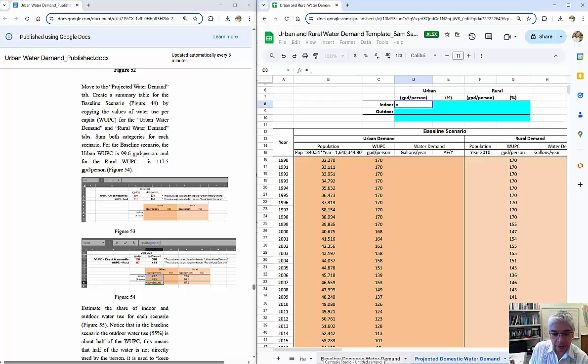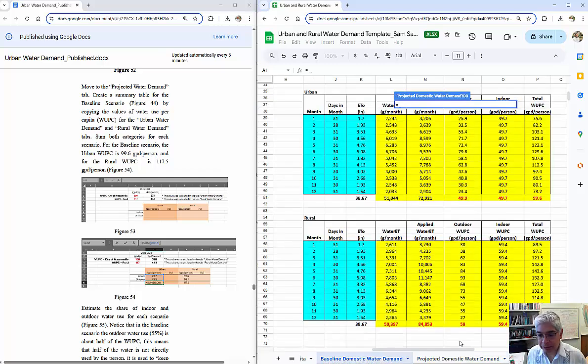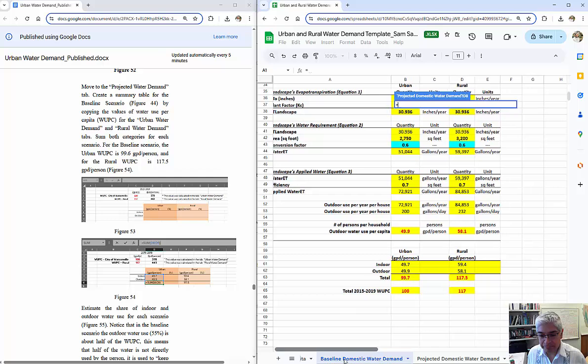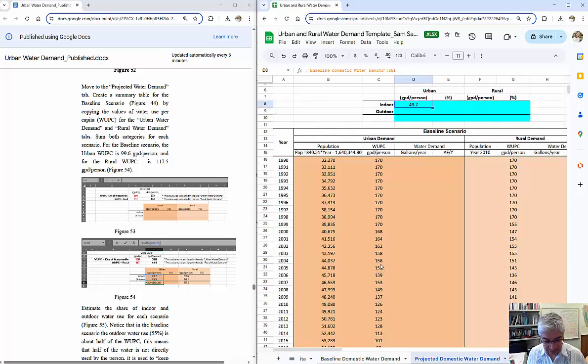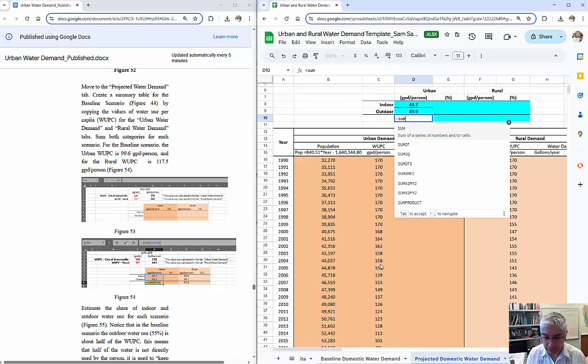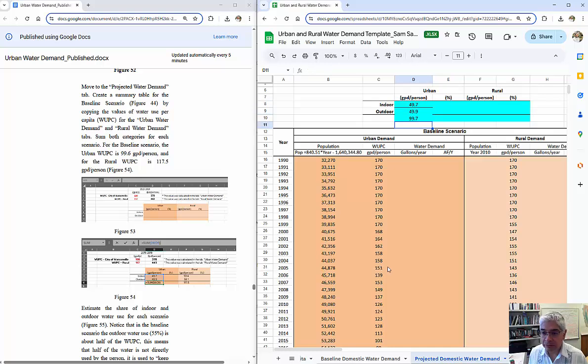Here we have this summary in here, if I remember correctly. See, we have for urban, we have this, so we can do the same here, and then here we can do the sum of these two.